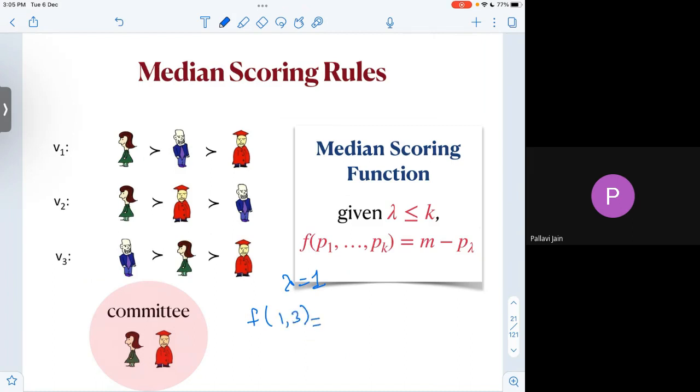My lambda is 1, right? So what will I do? M minus P1 of V1, let's say. What is that? M minus 3 minus 1, which is 2. This is my P1, this is my P2. This is sorted thing. Right? So 3 minus 1, 2. Clear? Or confused? Already confused? It's fine? Okay.